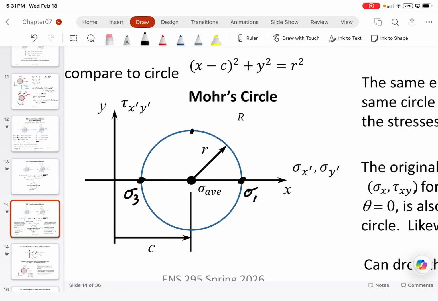And then, of course, up here and down here is your tau max, which is conveniently the radius of the circle, which is the maximum shear stress that our circle will undergo. And then from there, that angle theta, the orientation that we were interested in, is the orientation with respect to what we call the origin of planes, which is our initial stress state.